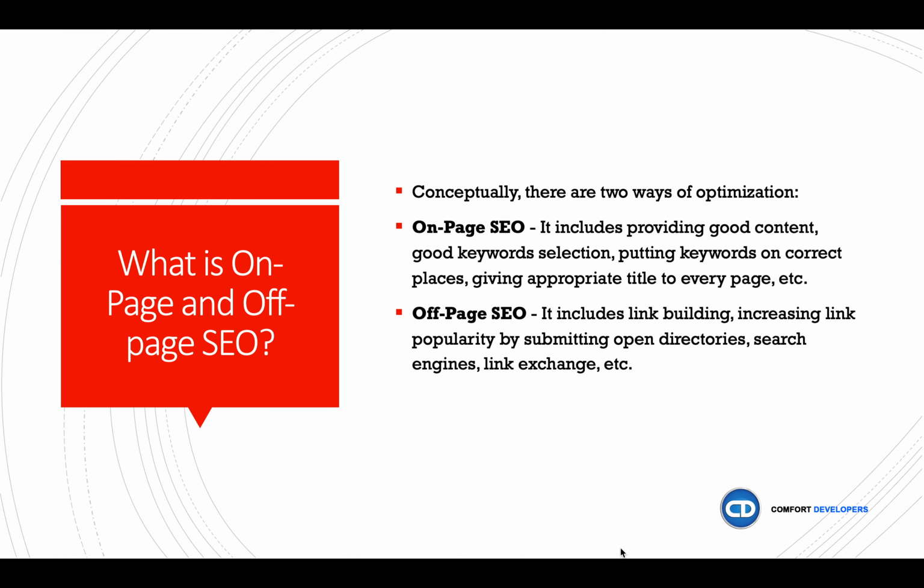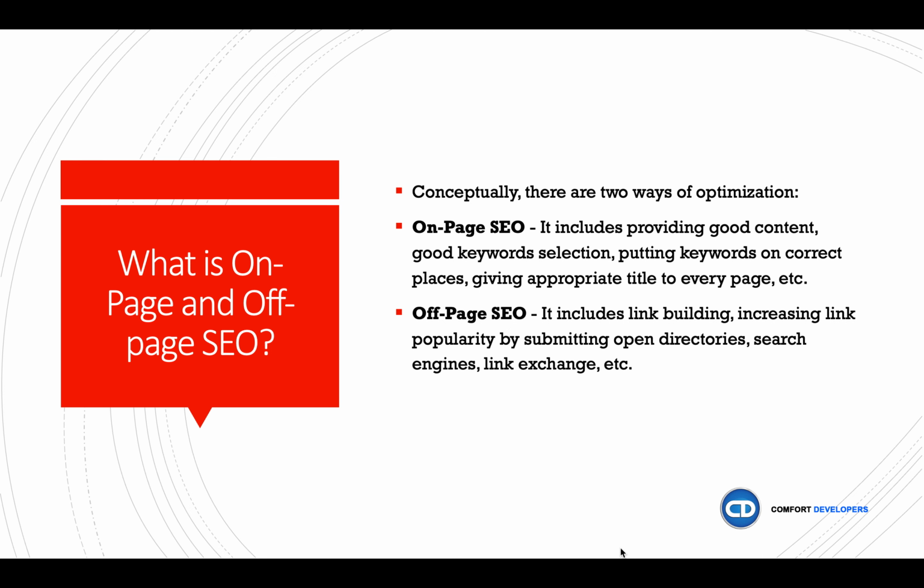When we're talking about SEO, conceptually there are two ways of optimization. We have on-page SEO, which includes providing good content, good keyword selection, putting keywords in the correct places, and giving an appropriate title to every page we are going to be working with.